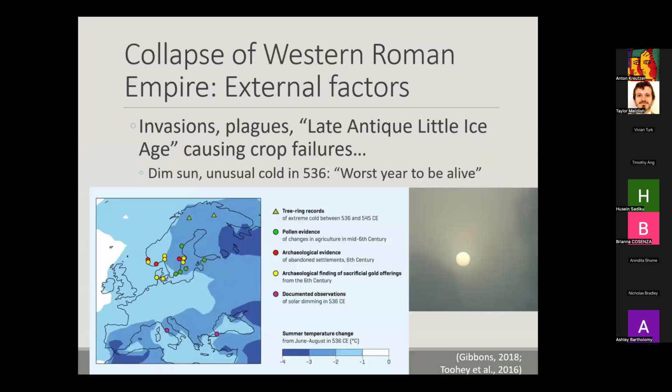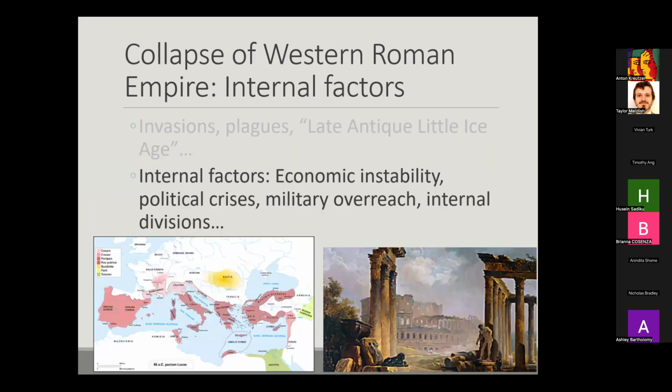And there were a lot of factors. There's environmental factors, there's external, internal factors. You have factors beyond the control of the Romans. So there was the Little Ice Age, crop failures, right? And then, of course, there were internal decisions. There were political crises, all kinds of internal divisions, and so forth.